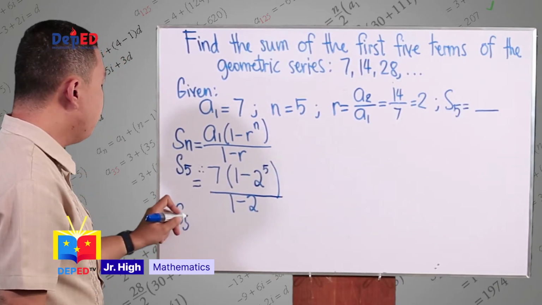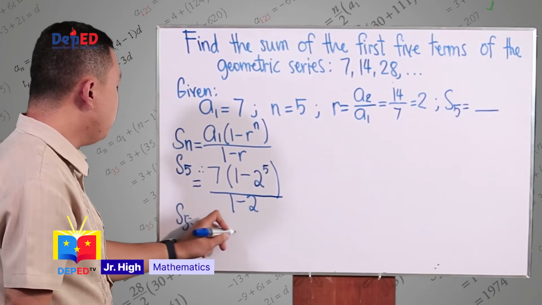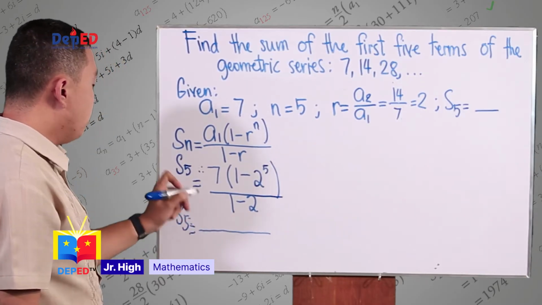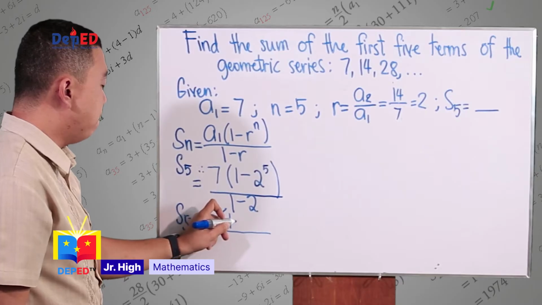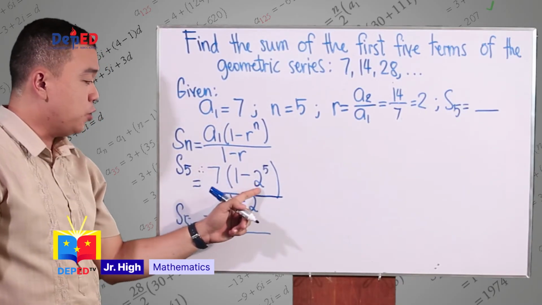S sub 5 is now equal to 7 times 1 minus 2 raised to 5.